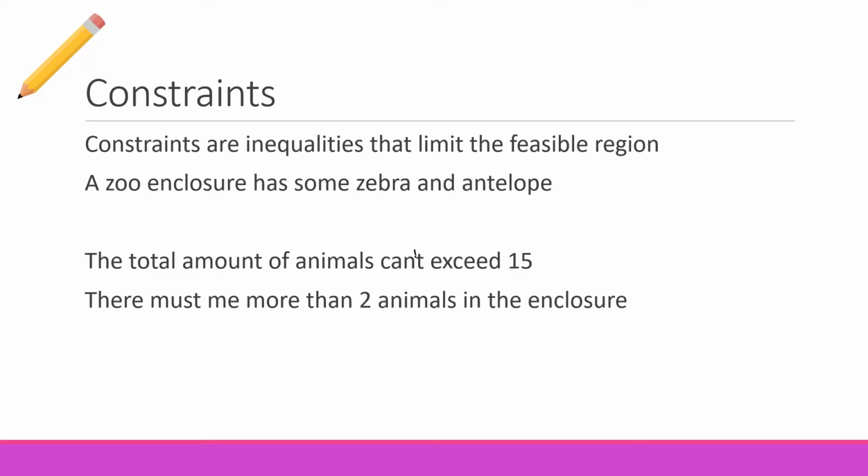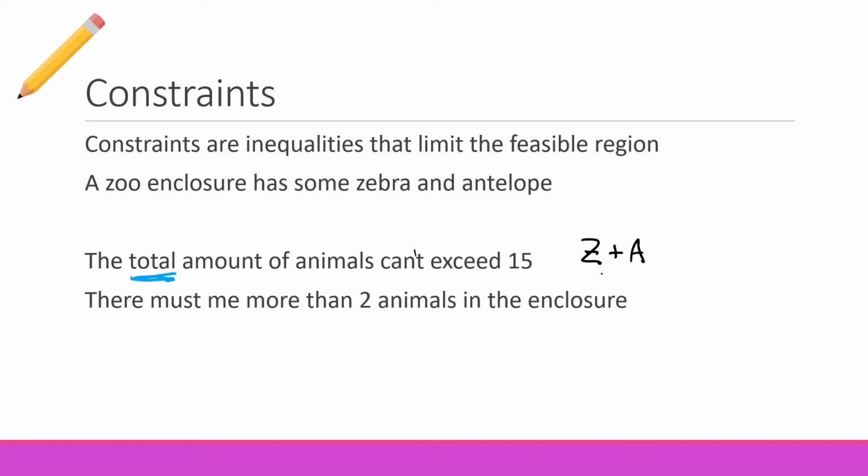Now you will see this pop up in a lot of questions. The total number of staff, the total number of people. So just keep aware of how to do a question when it says the total. If I say the total amount of animals, what that would mean is that the total amount is all of the zebra plus all of the antelope.